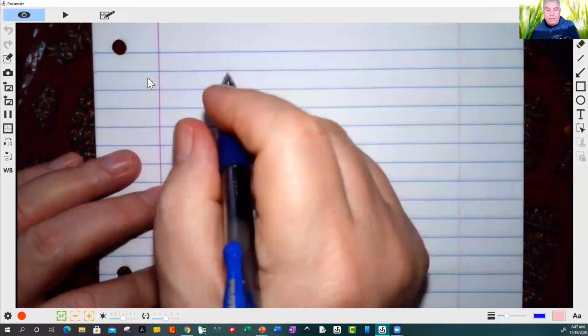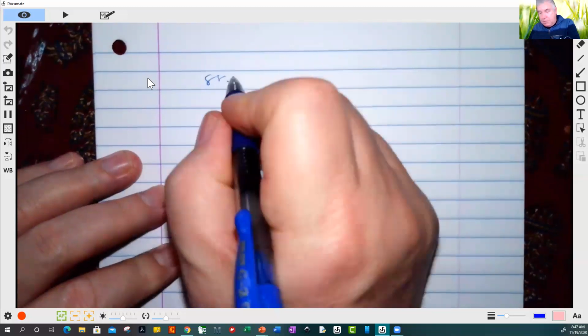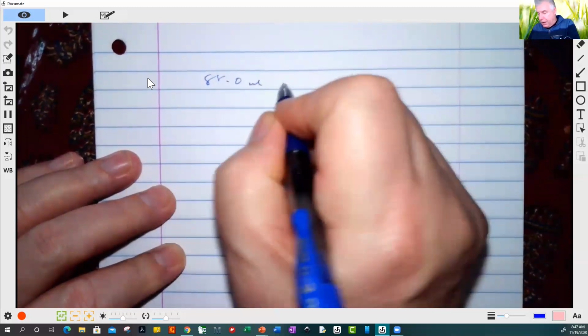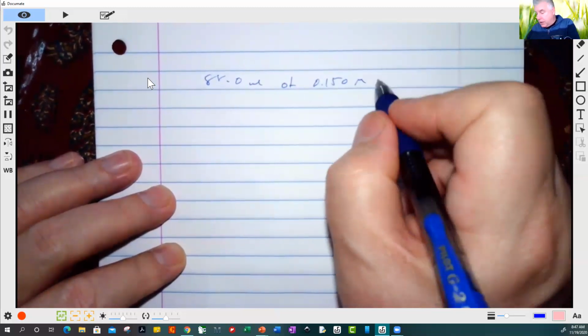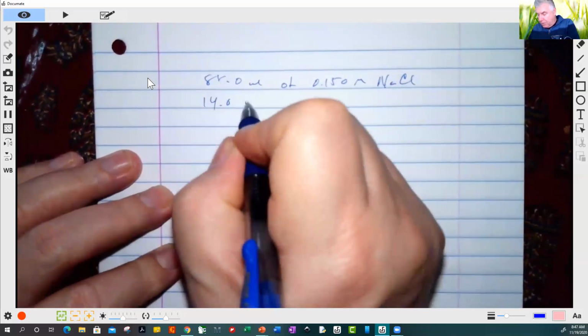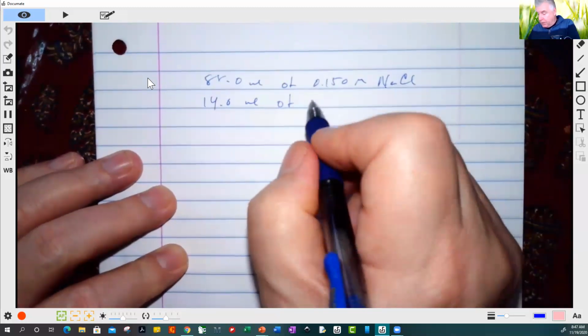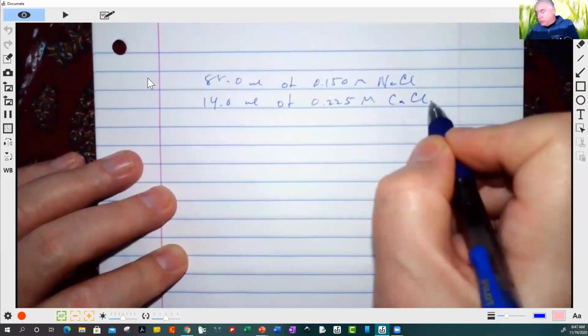Oh, okay. We can set one up here. This is another problem where we have 88.0 milliliters of 0.150 molar NaCl, and we have 14.0 milliliters of 0.225 molar CaCl2, right?